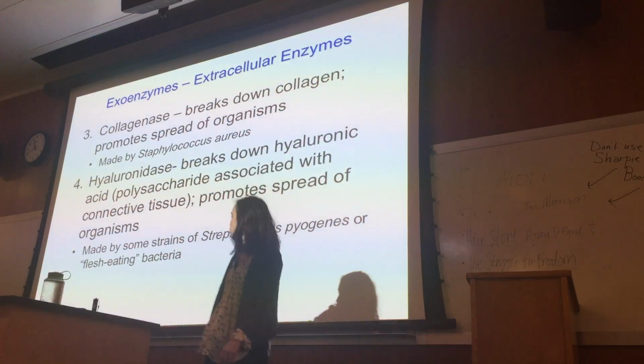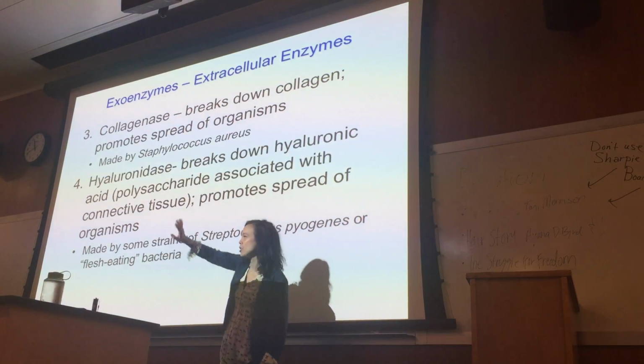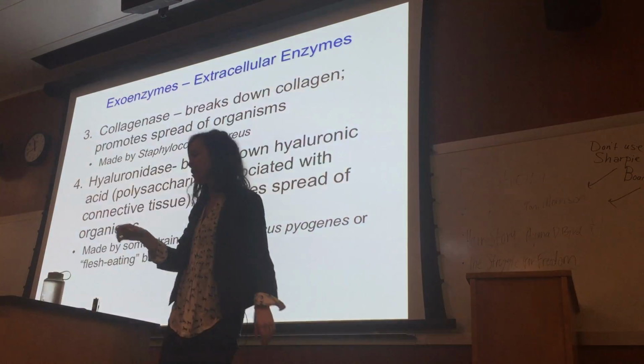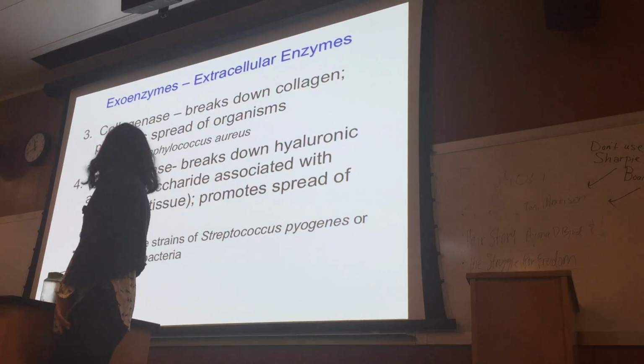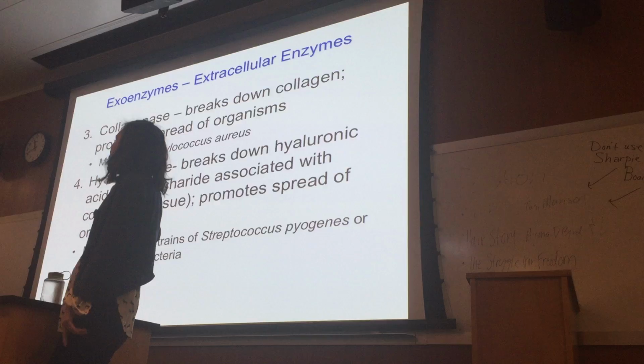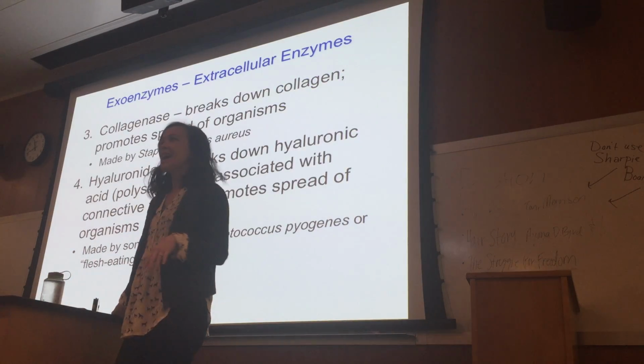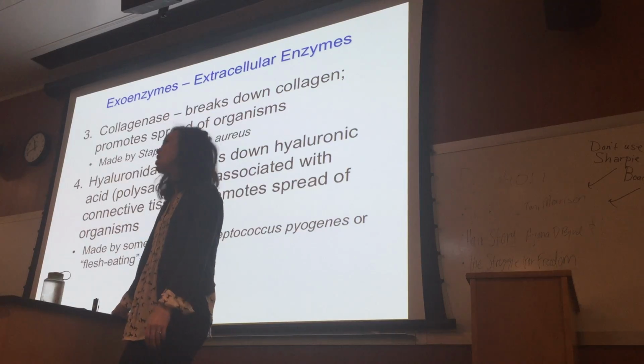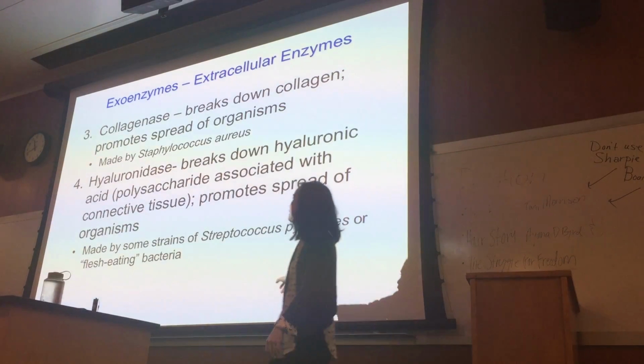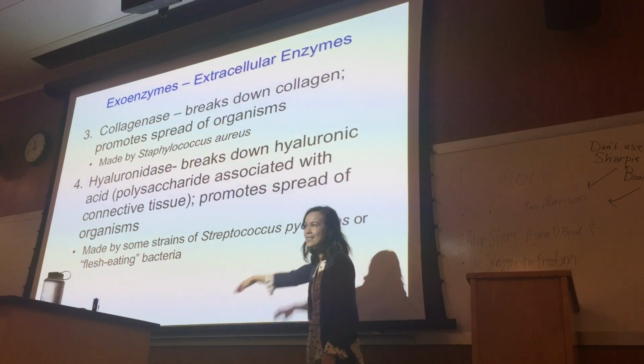And we alluded to this on Monday too, that flesh-eating bacteria. We're going to talk about that later on in the semester. But a lot of these really aggressive organisms that can cause a lot of damage are notorious for making these extracellular enzymes.